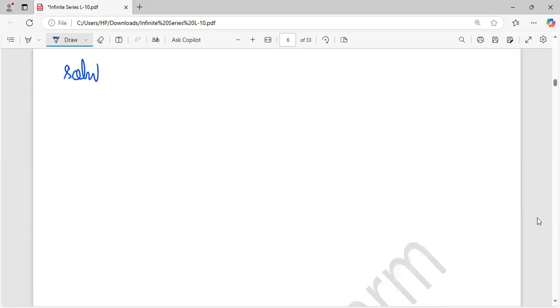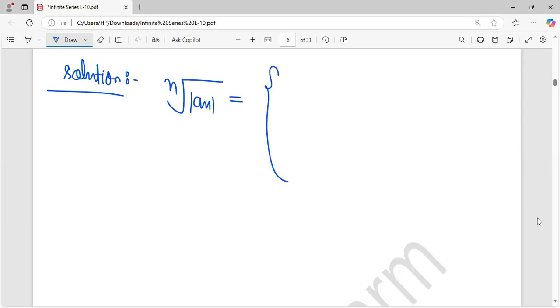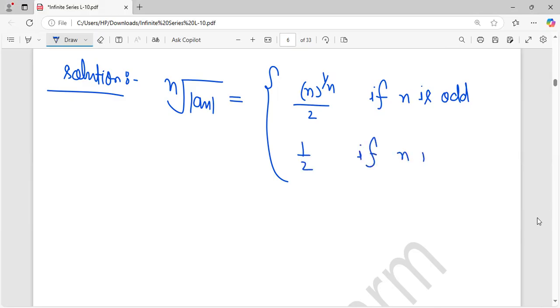Solution. So what is this? I can write this as n to the power 1 upon n, divided by 2, if n is odd, and it will be 1 upon 2 if n is even.